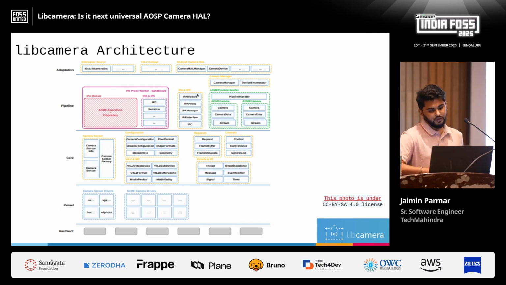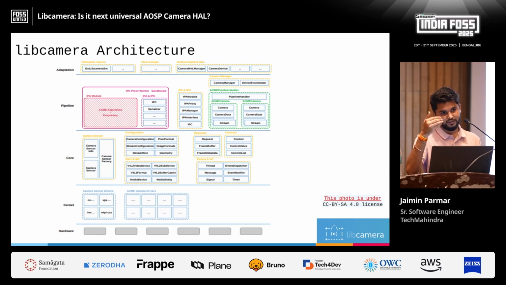So what does a pipeline handler do? If you have a complex ISP like the one I showed earlier, or more than one ISP, the pipeline handler implements which types of ISP you are going to support.